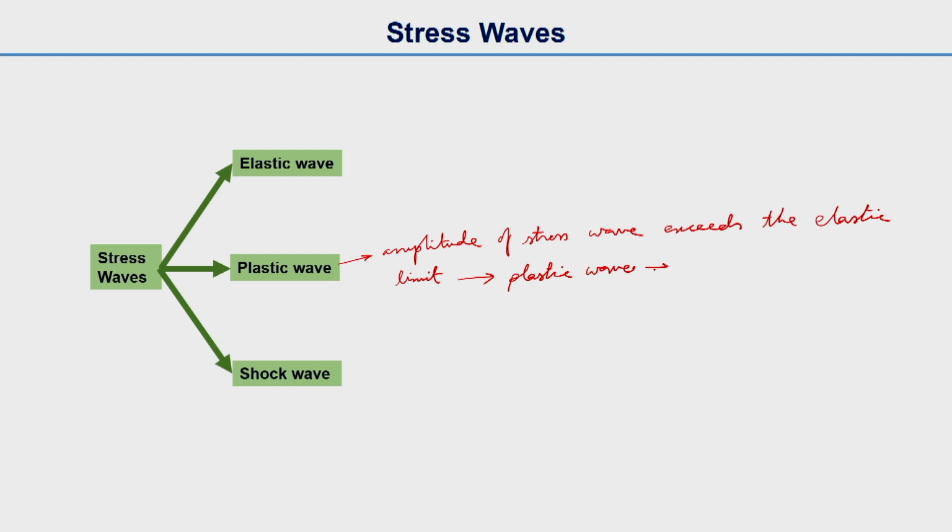Plastic waves have a lower velocity than the elastic wave. So the velocity of plastic waves is lower than the velocity of the elastic wave.